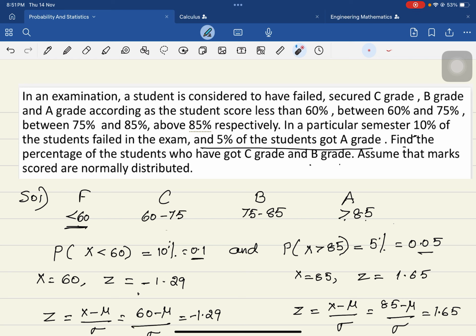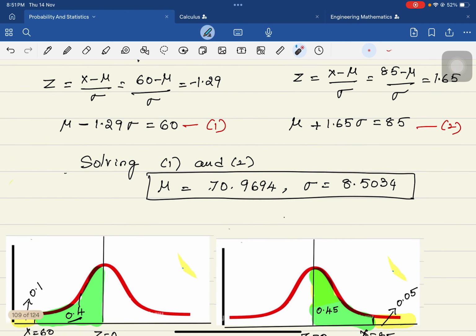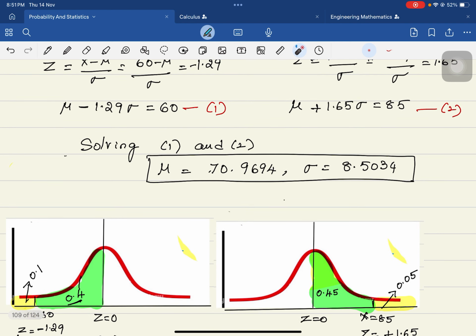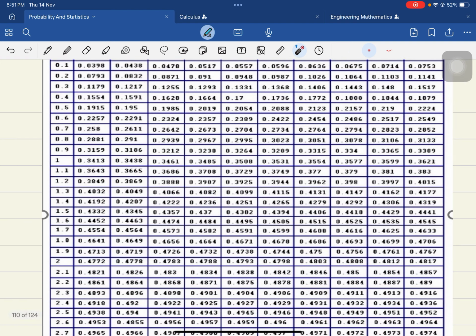That means now it is in the reverse way. Now, what is the area covered between 60 to 75? What is the area covered between 75 to 85? Now, it is the normal way of finding, because you know what is mu and sigma. With the help of mu and sigma, we are now going to find out the area covered by the grades B and C. So, now let us look at these values.